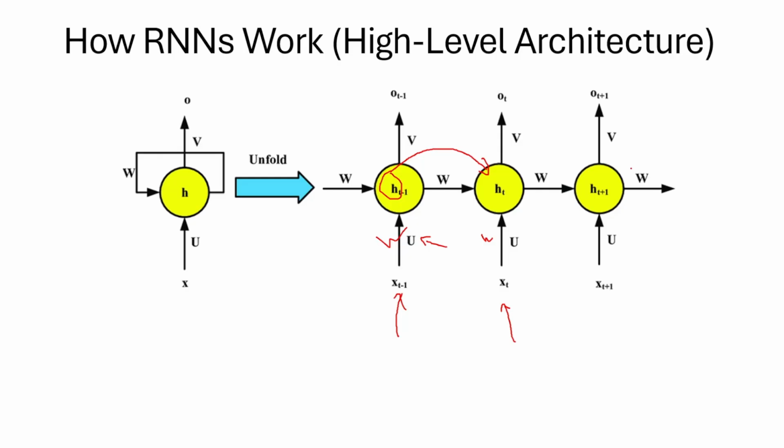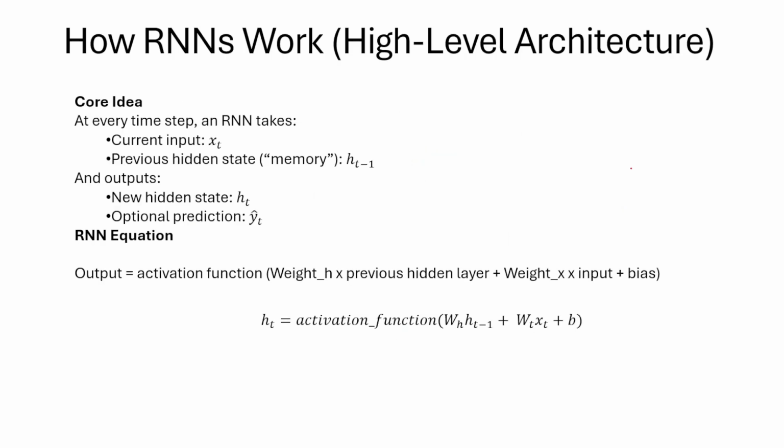Let's look at it with better wording. The core idea is that at every timestamp the RNN takes the current input and the previous hidden state, or the memory, and we can output a new hidden state, or we can optionally make predictions.